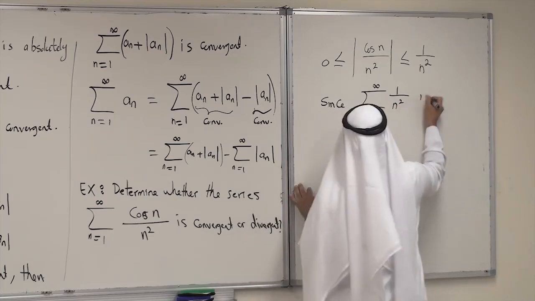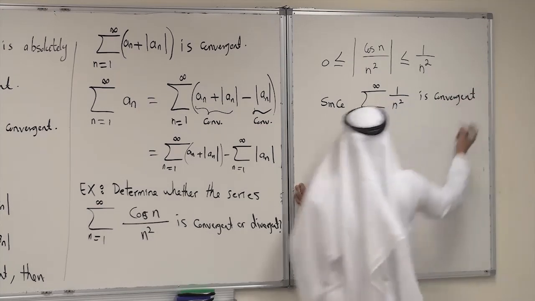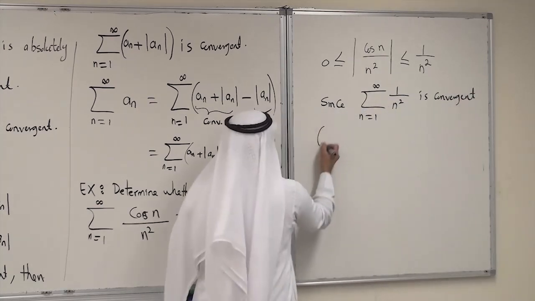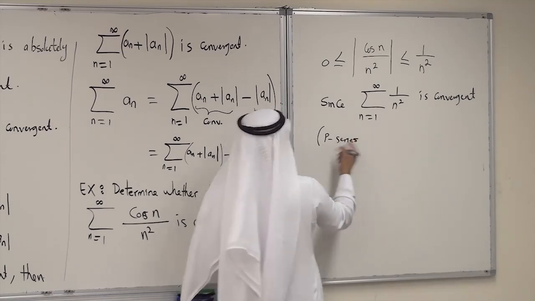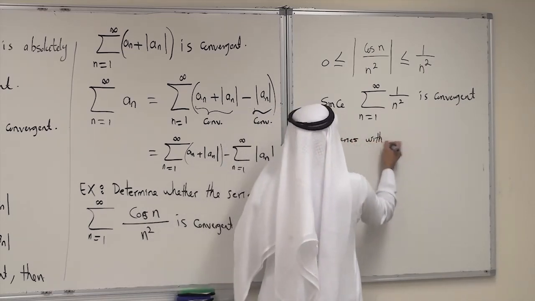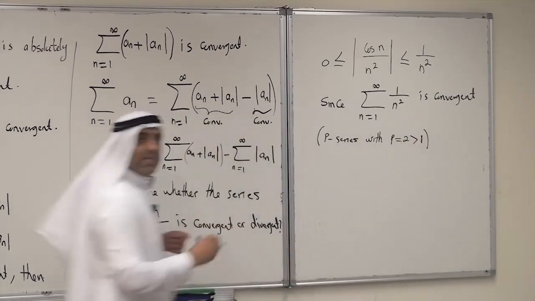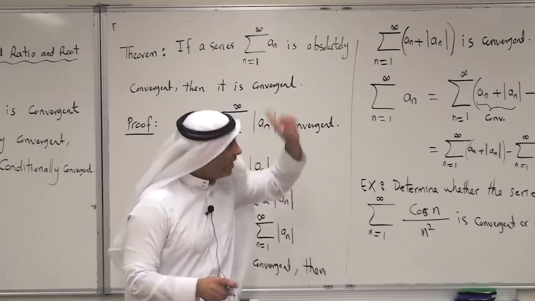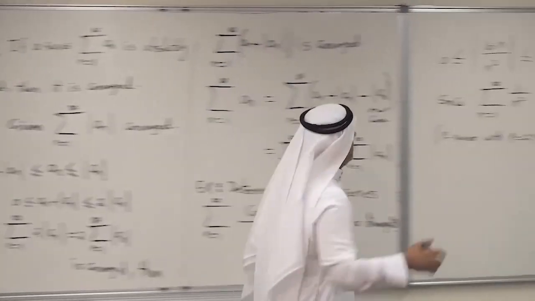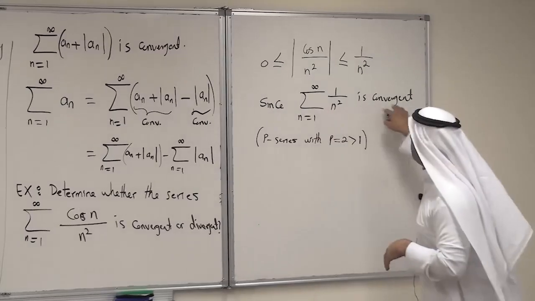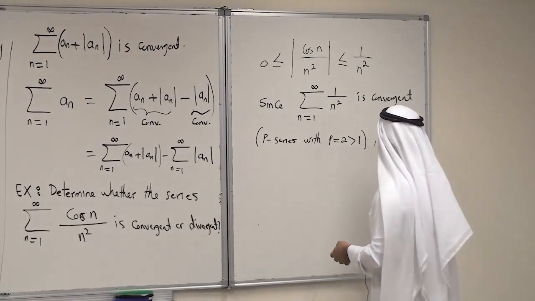is convergent. Now why is it convergent? This is something we did before. It is justification. P-series, you're supposed to know this. P-series with p equal to 2, which is greater than 1. And that's the criterion for the p-series test. If p is greater than 1, it's convergent. Less than or equal to 1, it is divergent. So, since this is a convergent p-series, then what is the conclusion?